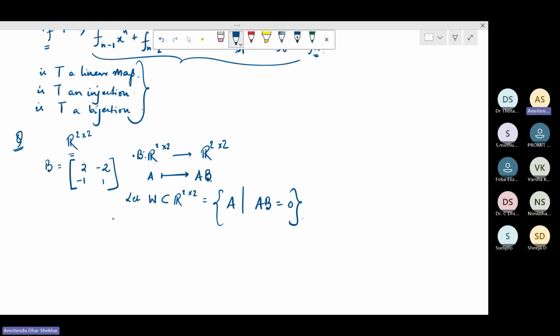What is the dimension of W? Basically, W is the null space of this linear map. What I'm asking you is, what is the dimension of this null space?